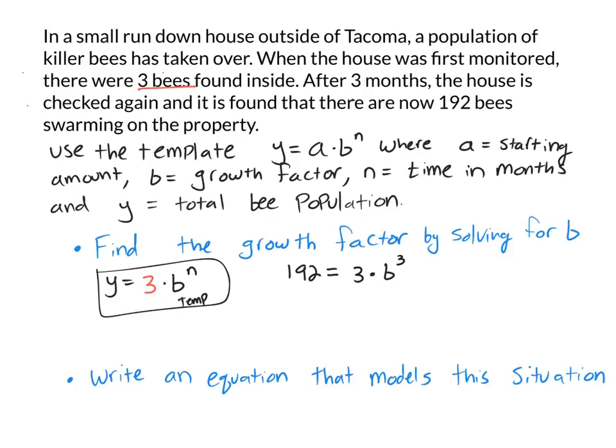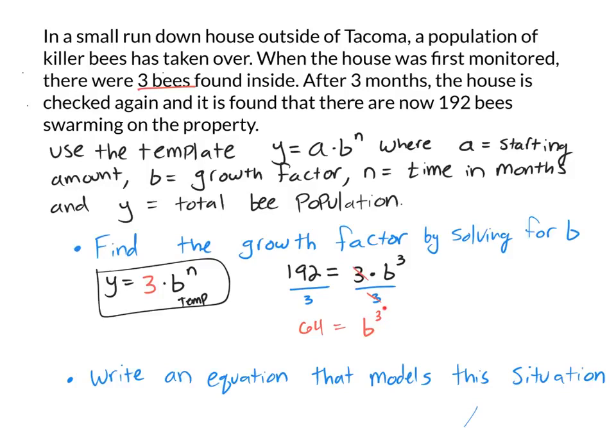Well, this is super different than anything we've done before, but we can do it. Divide both sides by 3. 192 divided by 3 is 64, so we've got 64 equals b to the power of 3, since we cancel those 3's out. Well, I want that to be a 1.